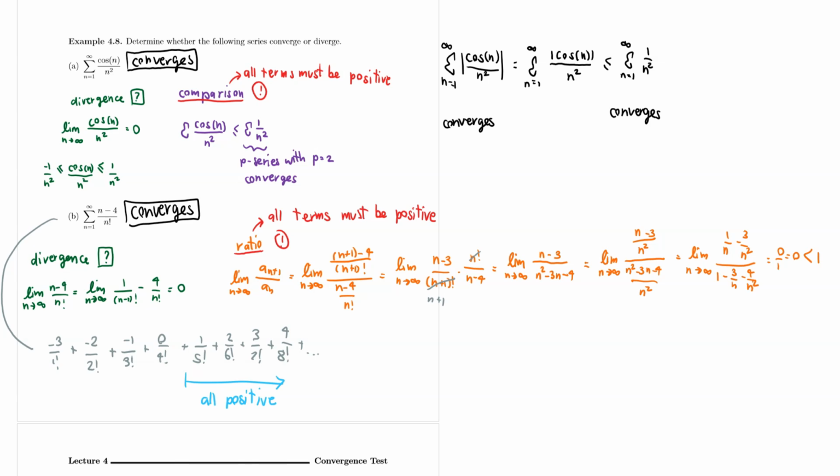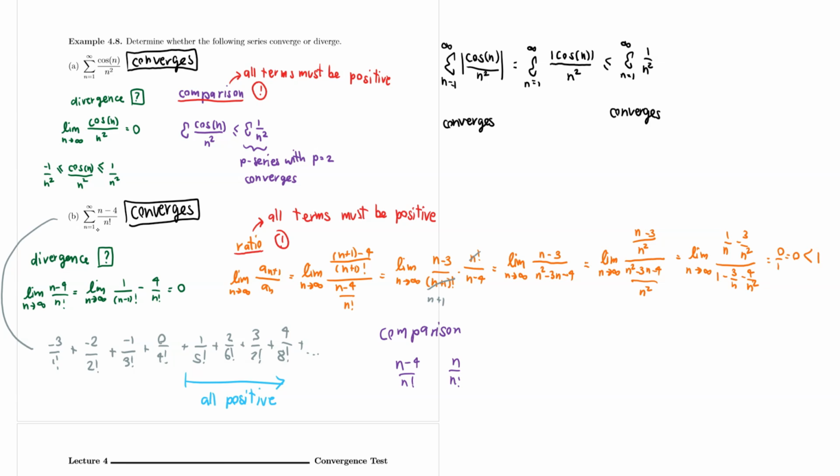And by the way, just a quick comment, we can also decide whether this guy converges or diverges using the comparison test. Most of the time there's more than one way to tell if a series converges or diverges. So, comparison test. I can compare n minus 4 over n factorial with n over n factorial.